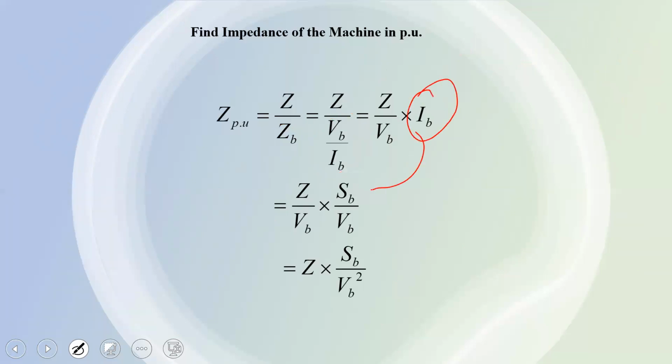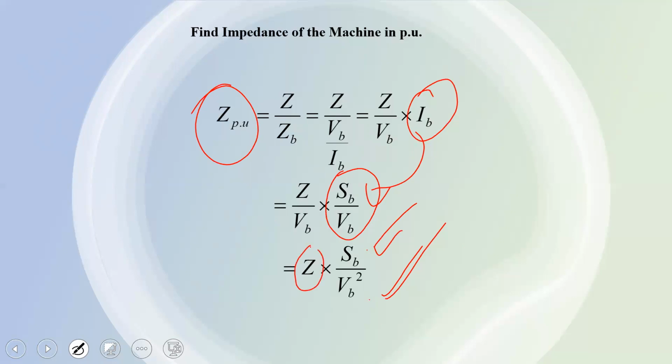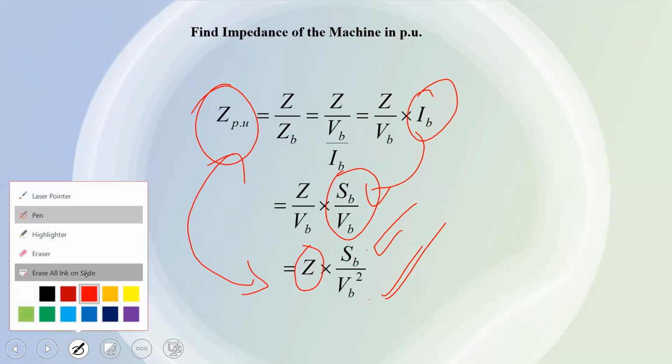In place of current, you can write SB by VB. So you will get Z into SB by VB square. In terms of the rating of the machine, usually SB and VB are given as the rating of the machine. So if impedance in conventional unit is known, then you can easily find the value of impedance in per unit. So this formula is very important.